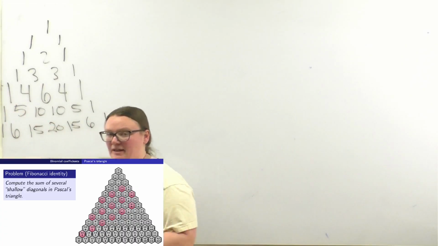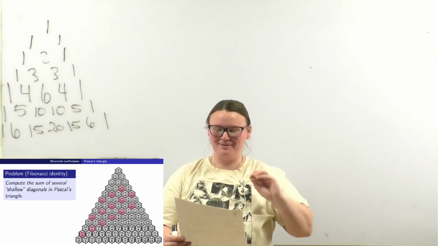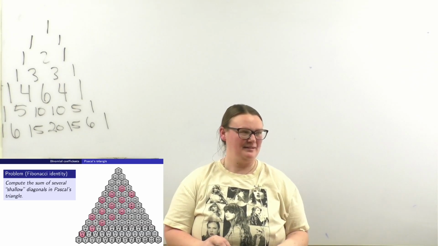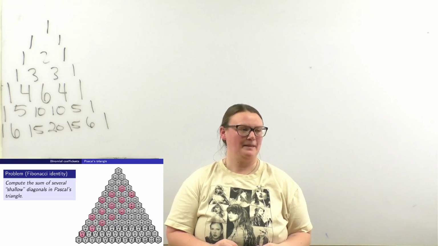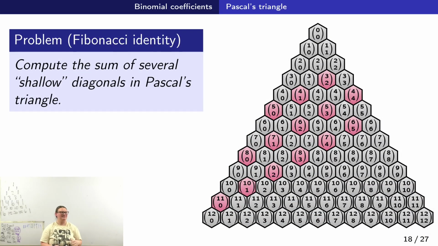Okay, let's talk about Fibonacci. Fibonacci numbers. What is that? Does anyone remember what that was? Have we talked about those today? Okay, that was like 4 days ago. So it's a recurrent sequence, and our numbers are going to be given by f of 0 equals 0, f of 1 equals 1.